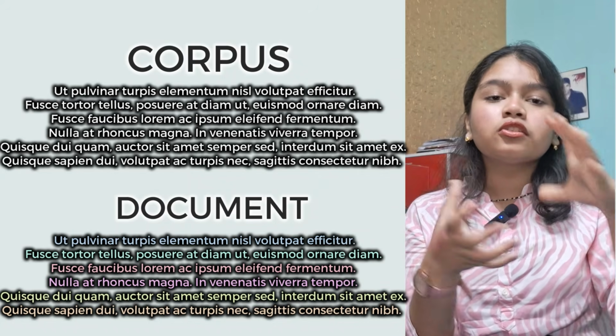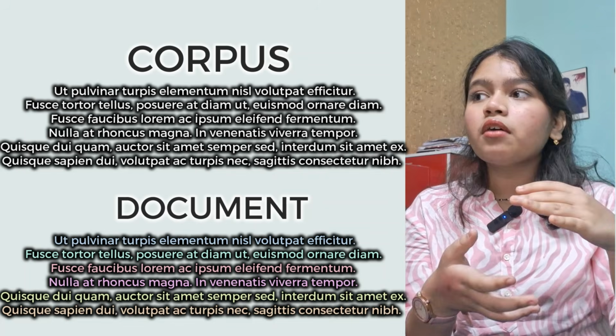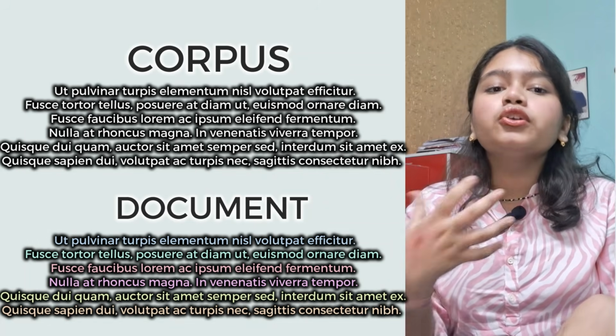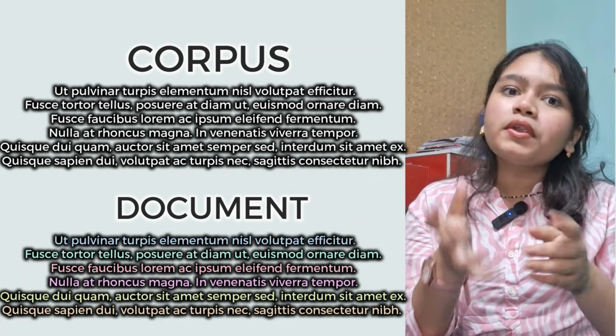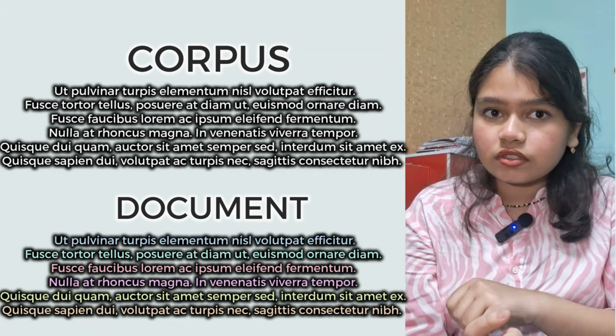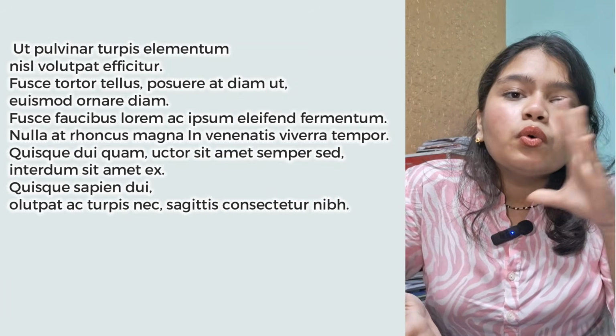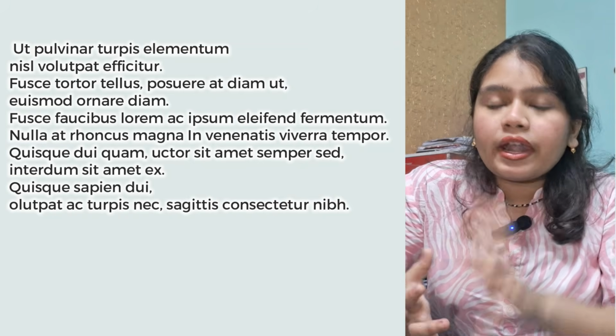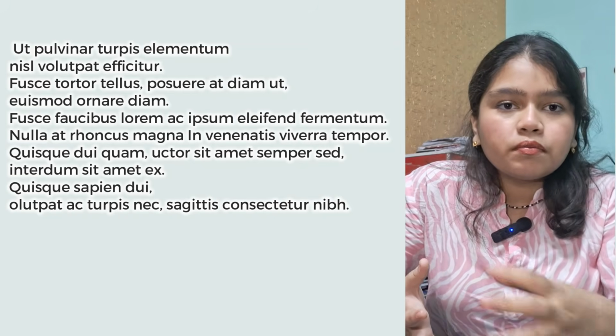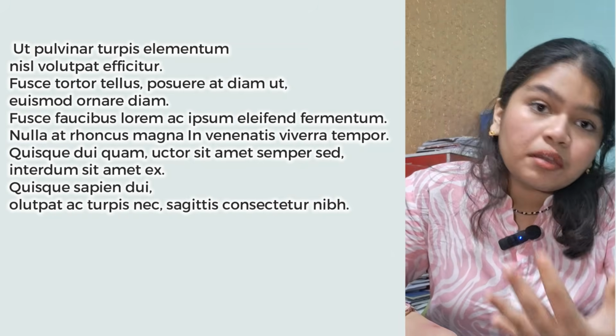Okay, so the paragraph or the corpus is a bigger unit, and the document is a smaller unit within the corpus. Got it?